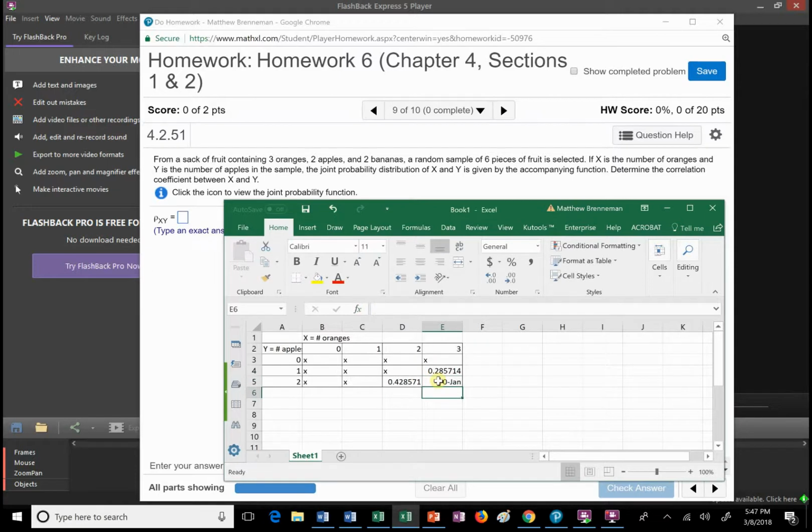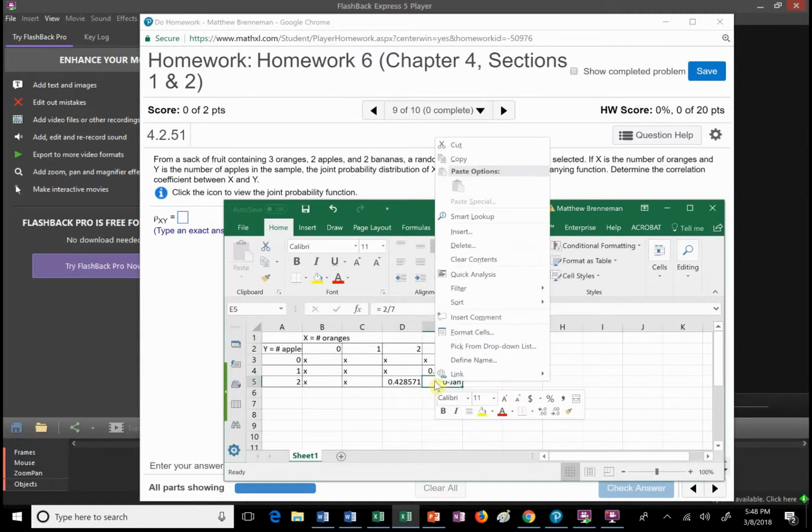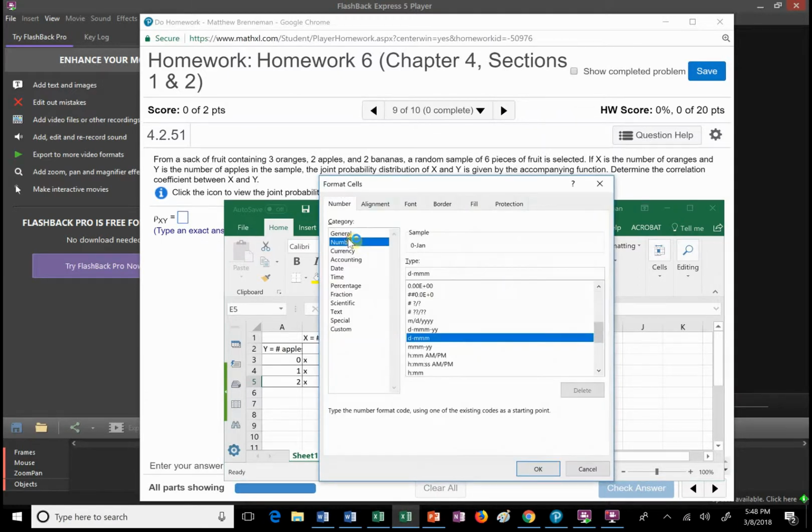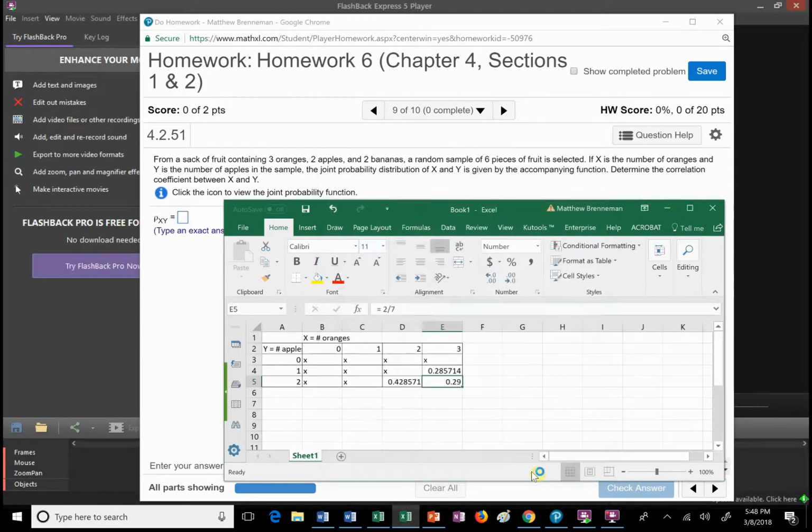Okay. What the heck? I have to format this apparently. Okay, and there we are. And I can check myself by taking the sum of all the probabilities, right?